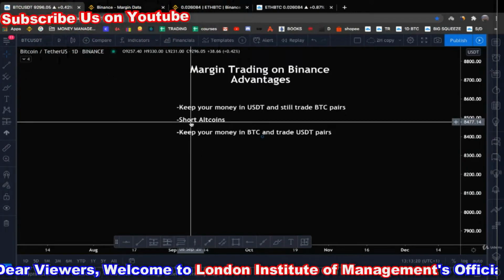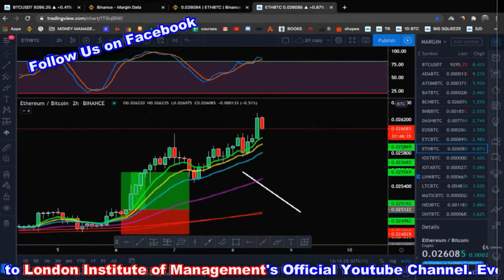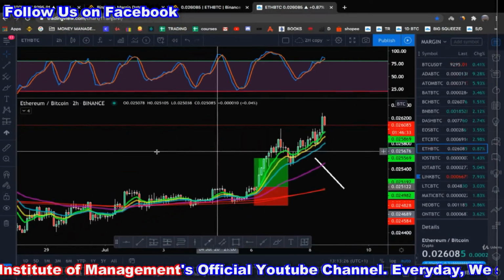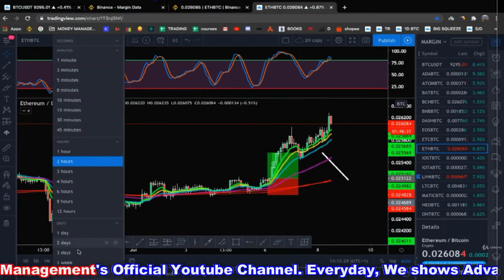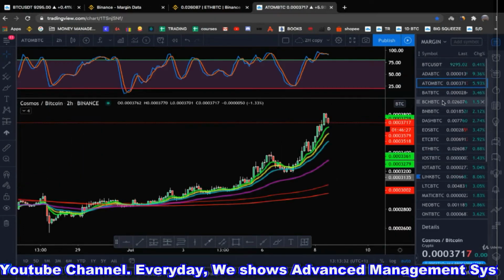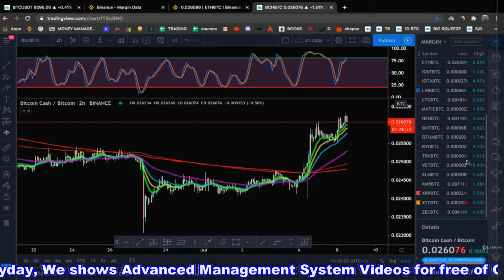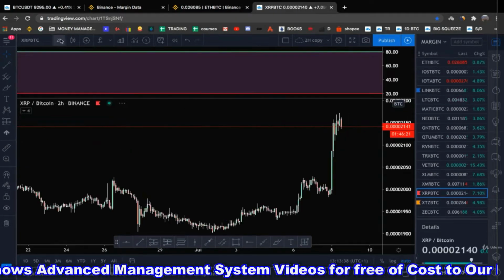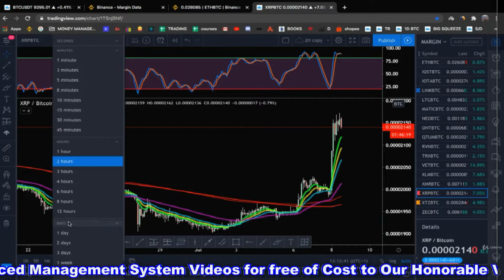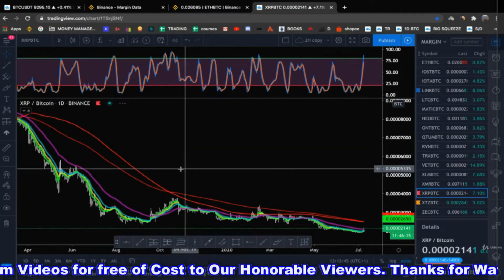The second one is that you can short altcoins. The altcoins now are starting to do some moves, but in general they are in a downtrend. Let's look at something like Ripple. It's moving now, but it's been in a downtrend since forever.